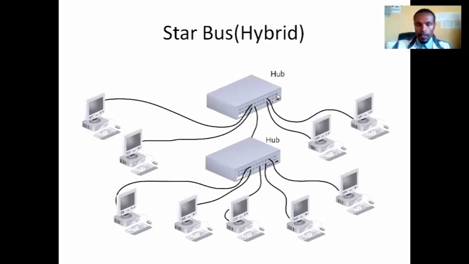So if the first hub fails, communication between the four computers and the hub fails, but it does not affect the second topology, where the five computers with the hub can communicate in other ways. This is all about what topology means.